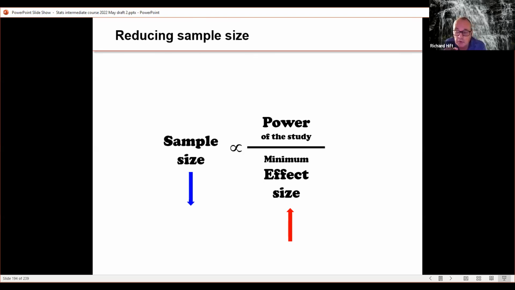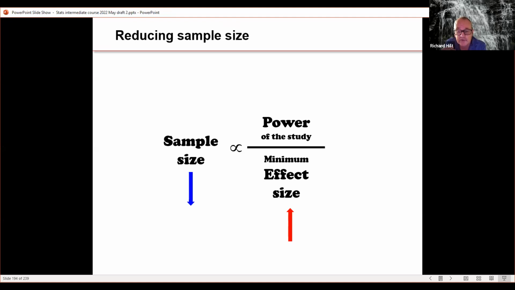So if the difference in your rats is 8 months versus 2 months, you'll probably get away with a very small sample. If the difference in your rats is 8 months versus 7 months, you're going to need a very much larger sample. So you see now how sample size and power and effect size are all related.